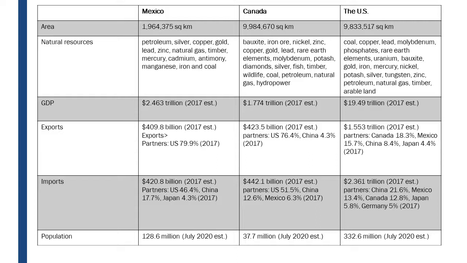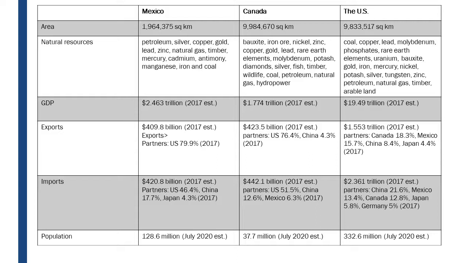In Canada we can find bauxite, iron, nickel, zinc, copper, gold, lead, rare earth elements, as well as in the US we can find those elements too. We can also find coal, copper, lead, uranium, mercury, silver, petroleum.